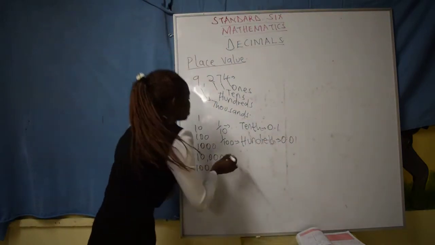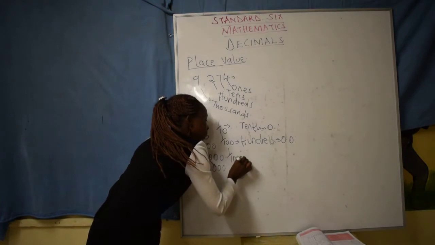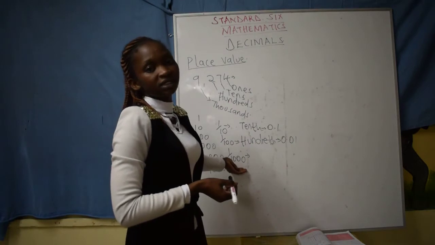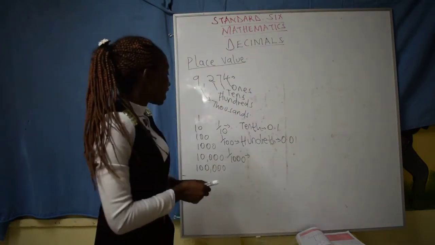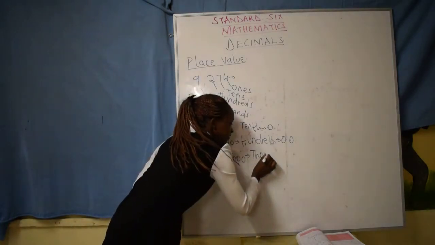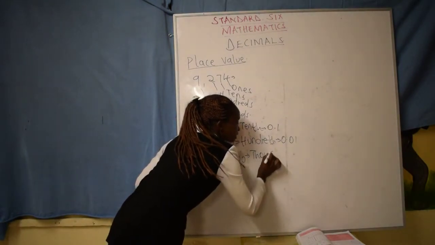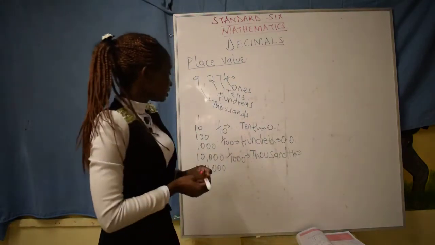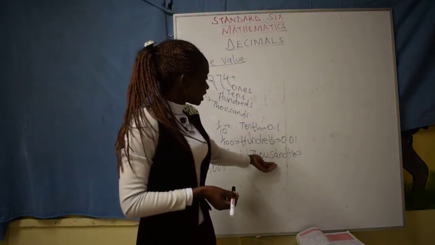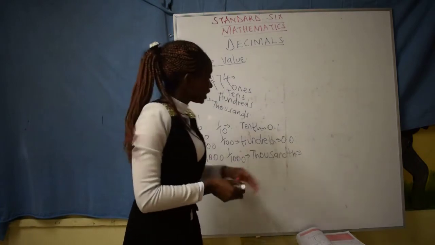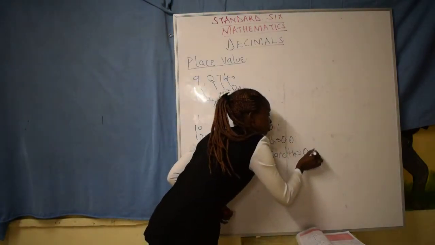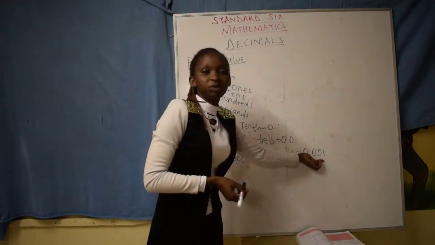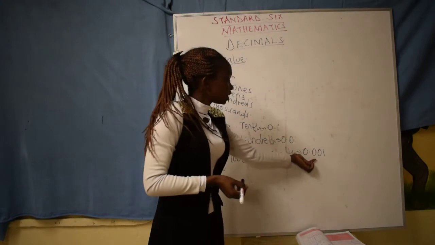The next is 1 over 1,000, which is read as a thousandth, with a th at the end. Therefore, we write it as 0.001, and it has 3 decimal places after the decimal point.